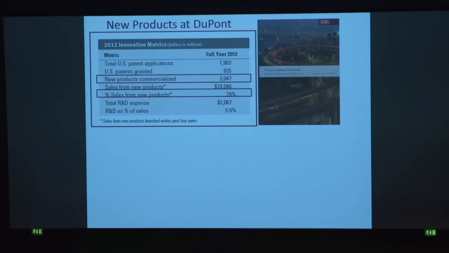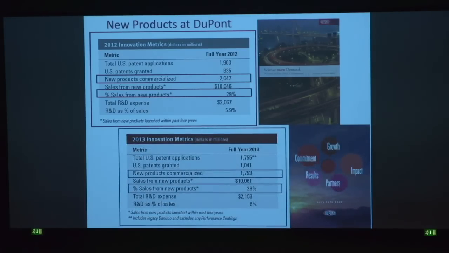And it was also stressed that 29% of their sales were derived from products launched in the previous 4 years. This was not a one-off deal. You can see that is the latest. In 2013, basically, we got the same message.